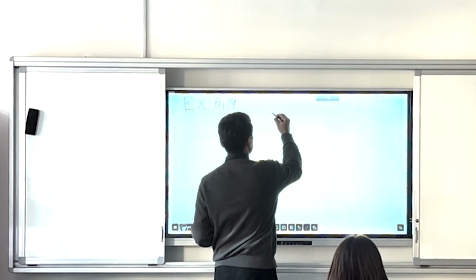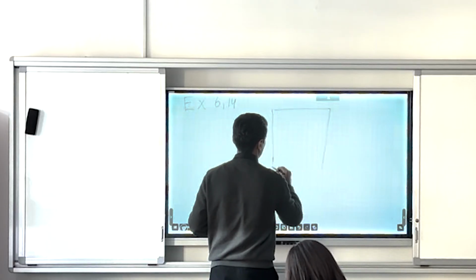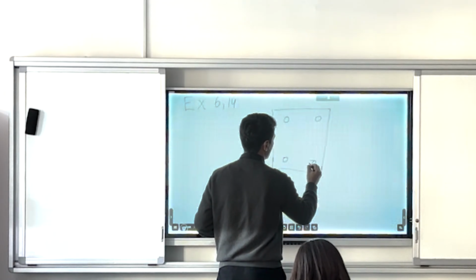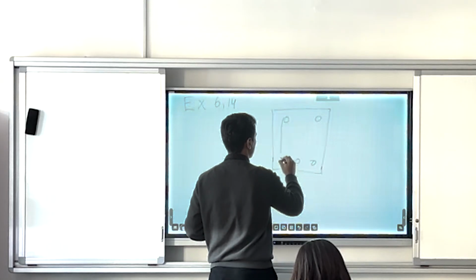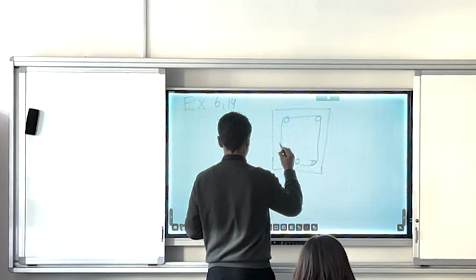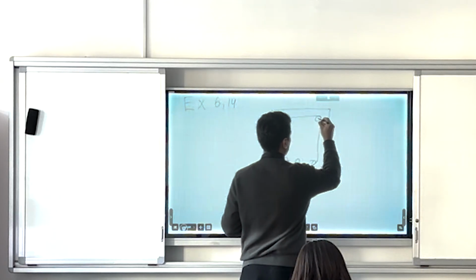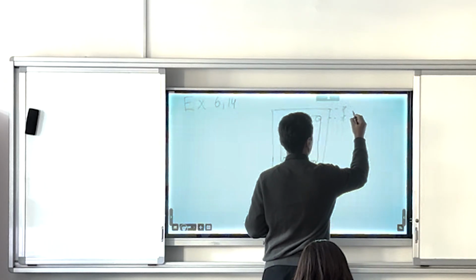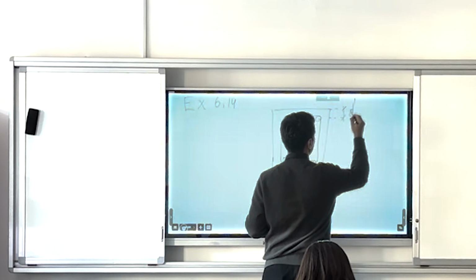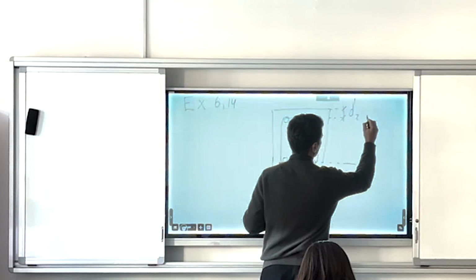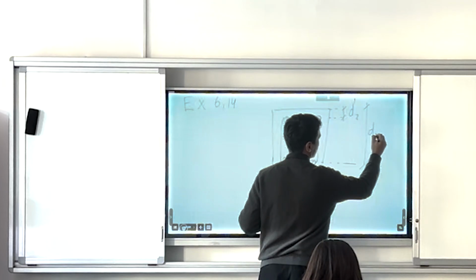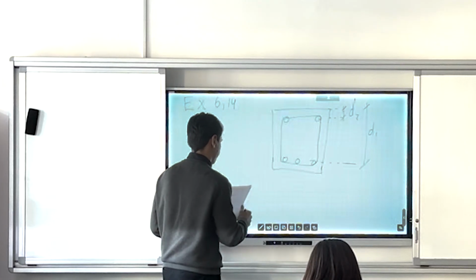Now we have a section which is very similar to the last exercises that we did. Here I will note D2 prime, and from the top fiber to the bottom reinforcement D1.